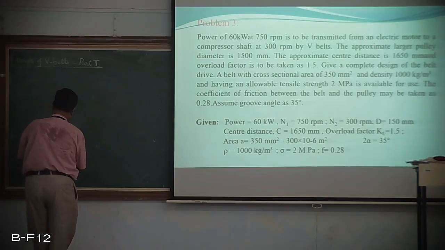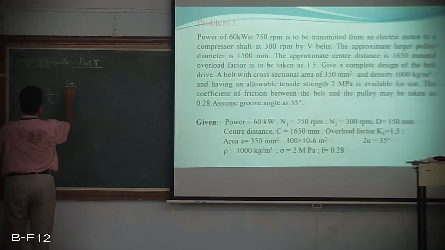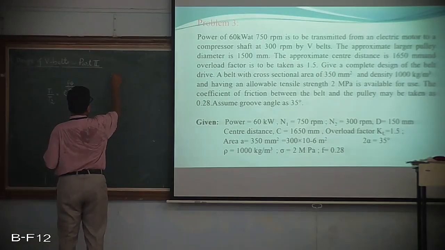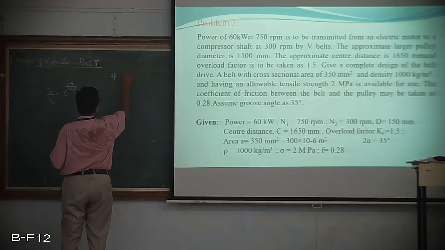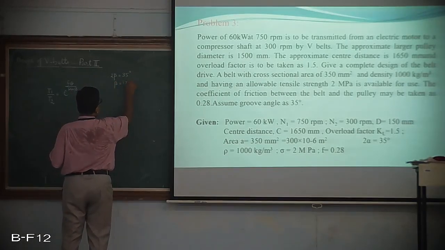Now, once we know this, I want to find out the tension ratio. T1 by T2 equals e raised to f theta upon sin beta. Since it is 2 beta given in the problem as 35 degree, beta is equal to 17.5 degree.